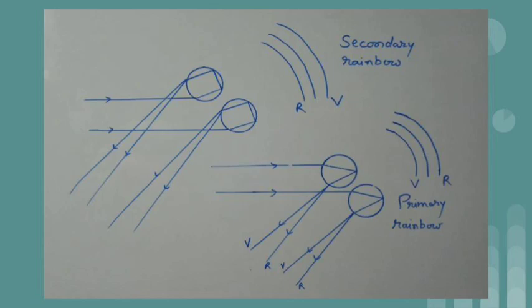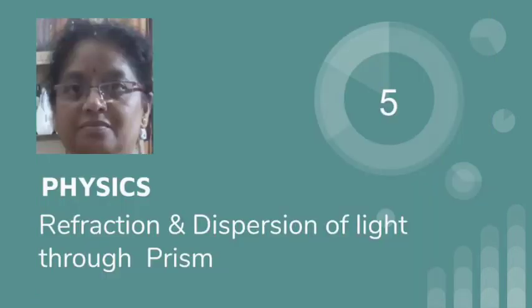That is, red is at the bottom and violet on the top. The reason is that a secondary rainbow is formed by 2 refractions and 2 internal reflections. The one extra internal reflection is responsible for the inversion of the color sequence.